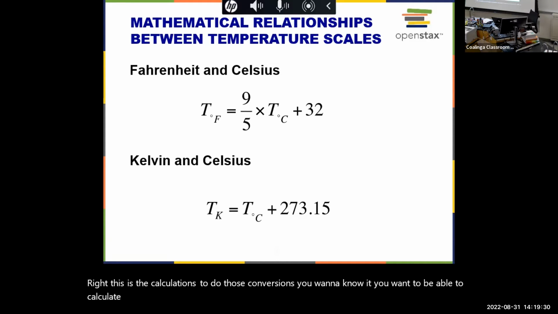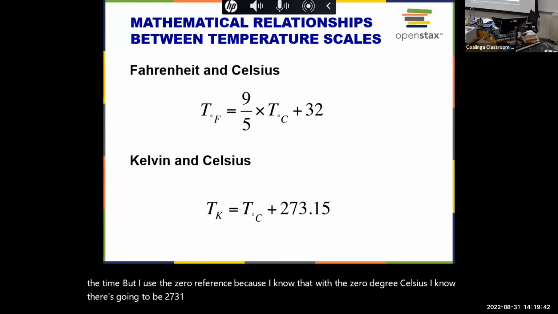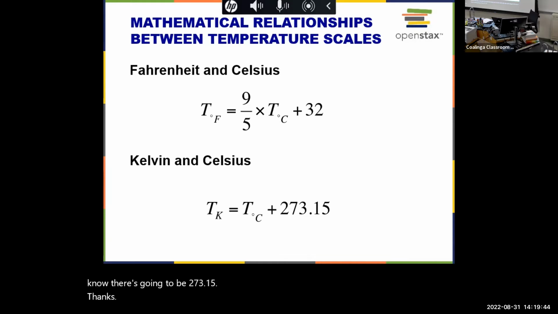I always use that zero reference because I always get mixed up with the equation. But I use the zero reference because I know that if it's 0 degrees Celsius, this is going to be 273.15 Kelvin. So I know I'm just adding 273.15 to whatever it is in Celsius.